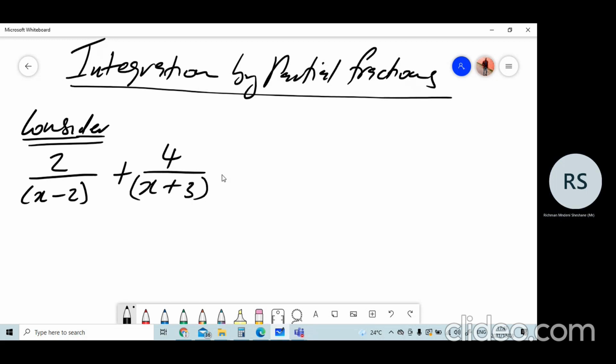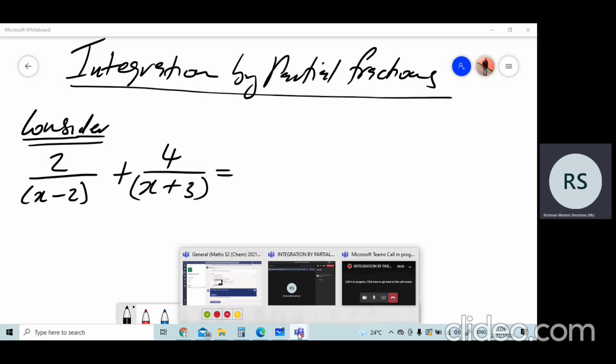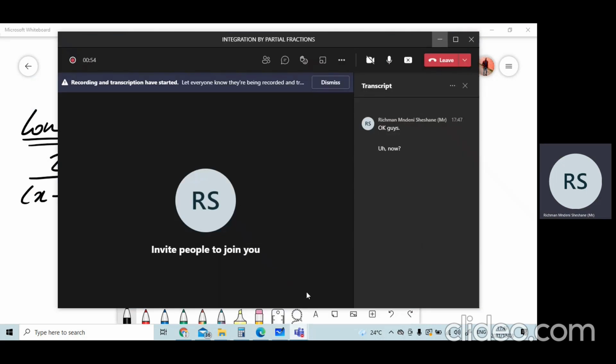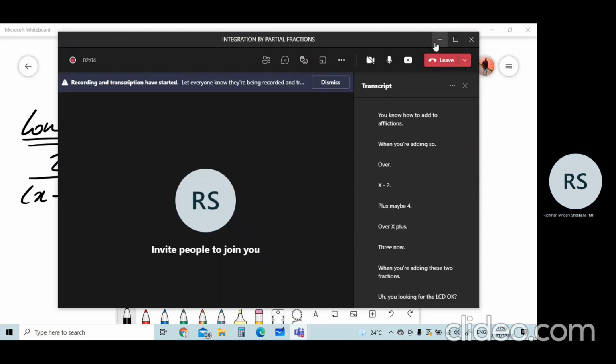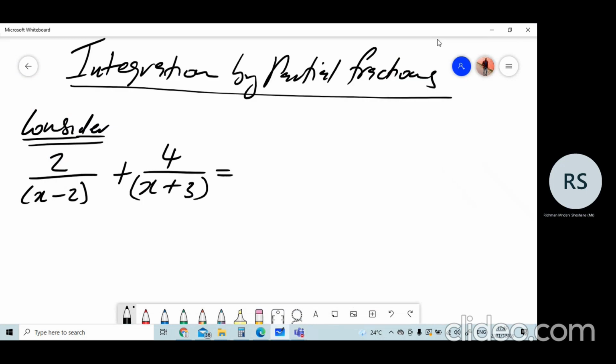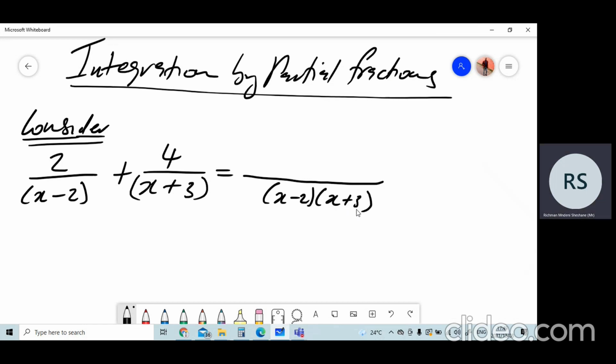When you're adding these two fractions, you're looking for the LCD. What is the LCD here? We agree it's x minus 2 times x plus 3.